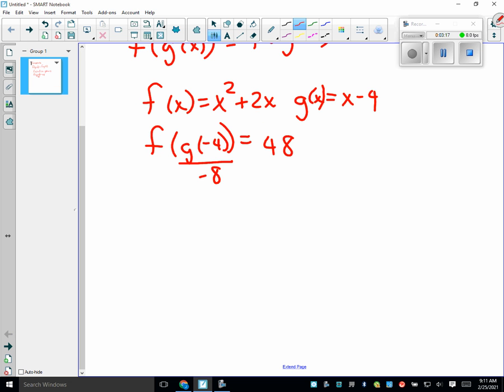So, what is f of g of 9? Same equations, yes. Where do I put the 9? In the g. 35.